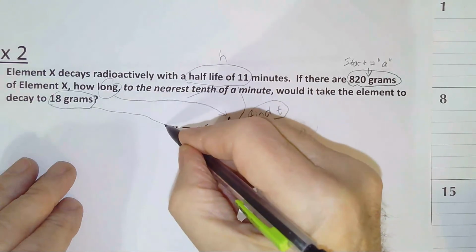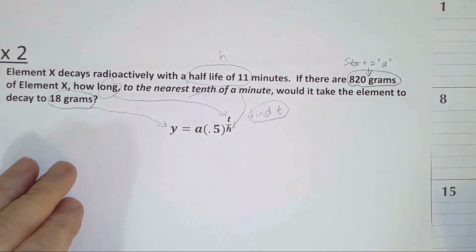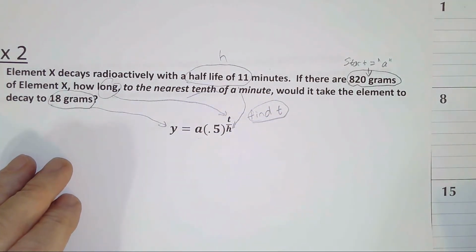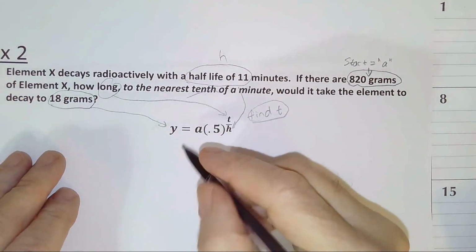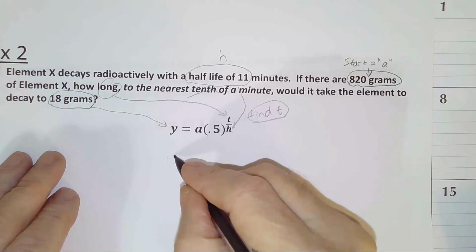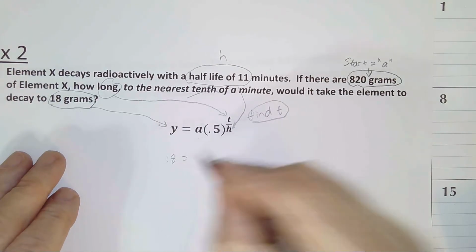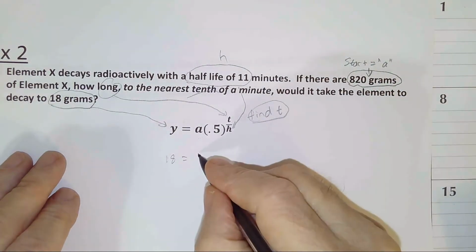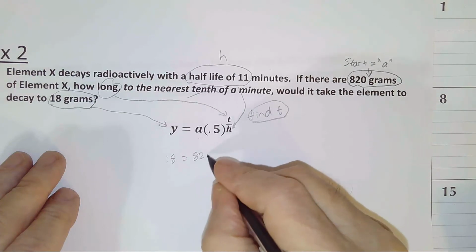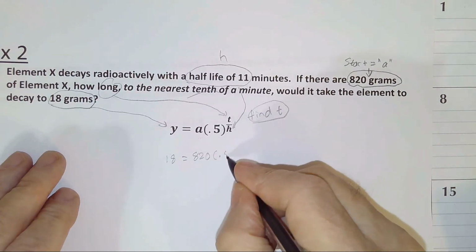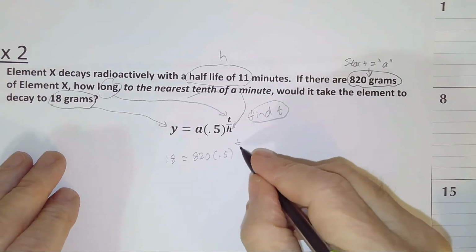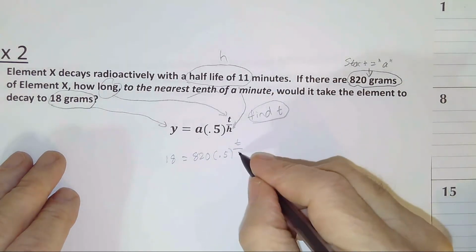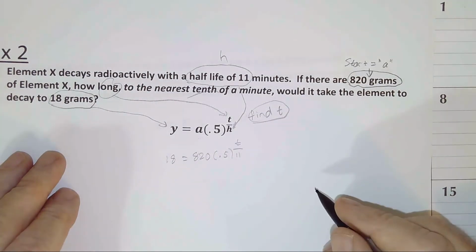That's your Y. So we can just start filling this in. We got 18 grams for the result. That's our Y. Our A is 820 grams times 0.5 to the T, that's our unknown we're trying to find, and then our half-life is 11, so T over 11.